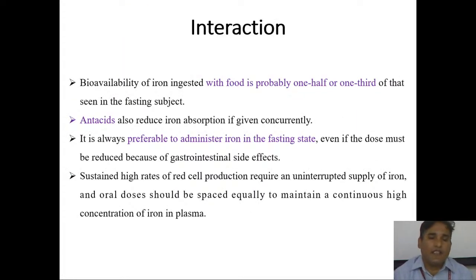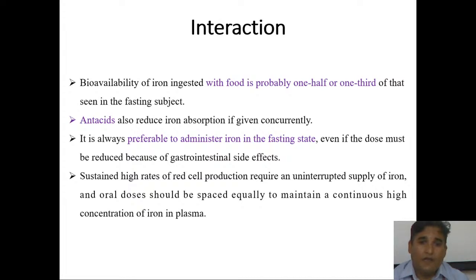Okay, interaction. The bioavailability of iron ingested with food is about one half to one third as compared to the fasting state, and antacids also reduce its absorption. So it is preferred to administer iron in the fasting state.